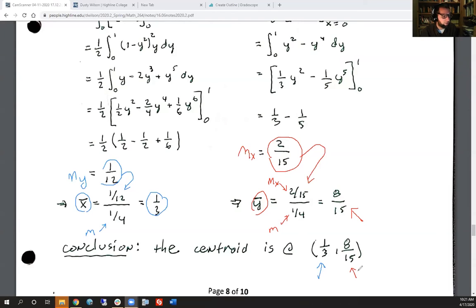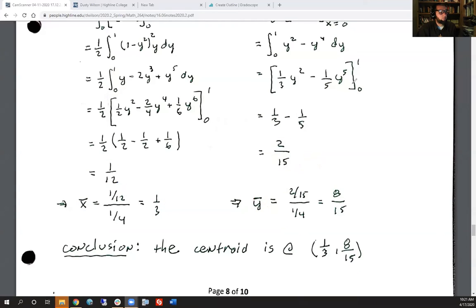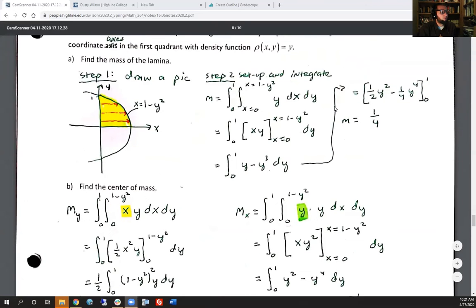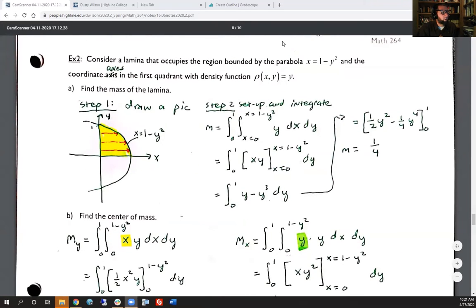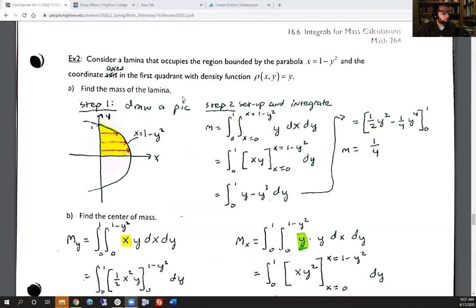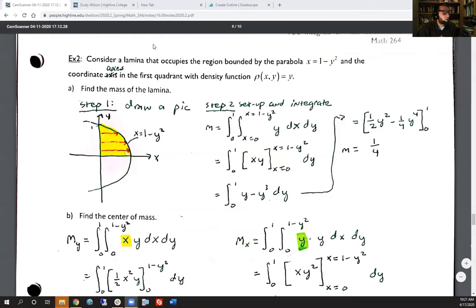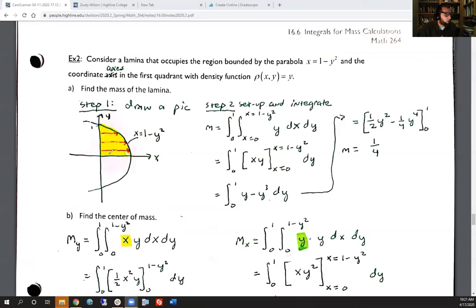Questions about that? Let's go up and look at the picture and make sure that it all lines up. So what we're saying is that our center of mass is at 1/3. I mean, this isn't to scale, but you get some idea.